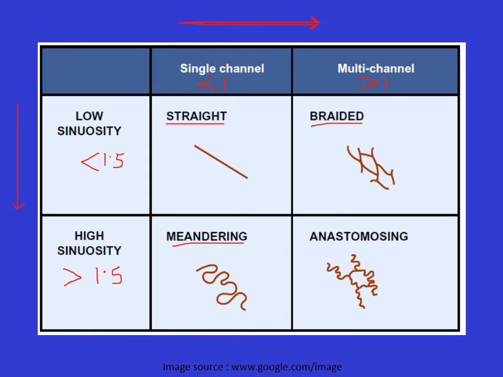And in this portion, it is a mixture of meandering and braided river. That means it shows higher sinuosity values, greater than 1.5, and braiding parameter or multi-channelness value greater than 1. So depending on these two parameters, all sorts of rivers found in nature are grouped into these four divisions: straight river, braided river, meandering river, and anastomosing river.